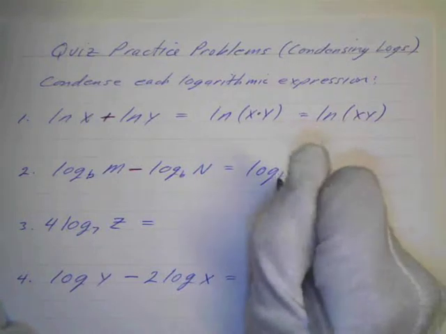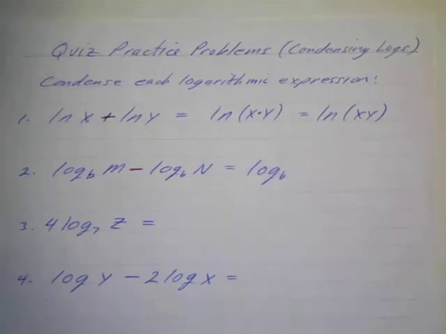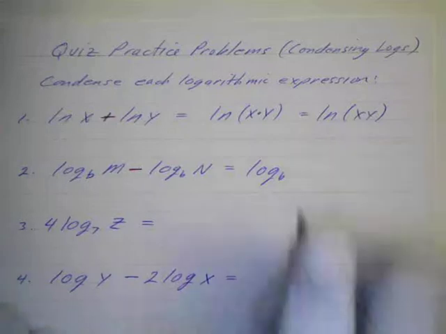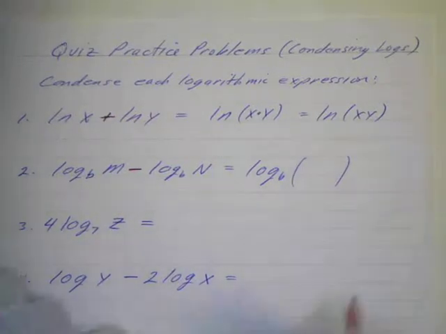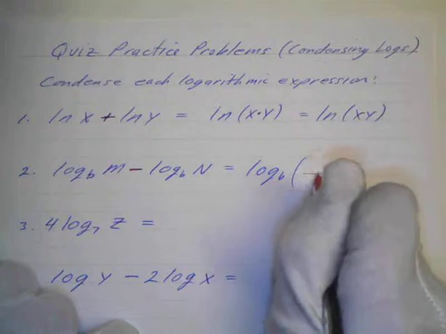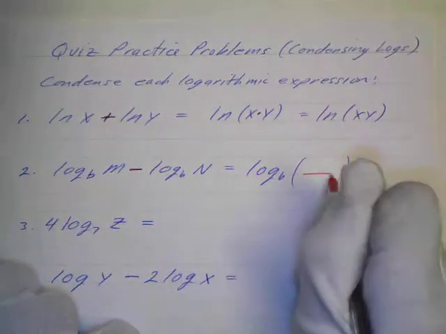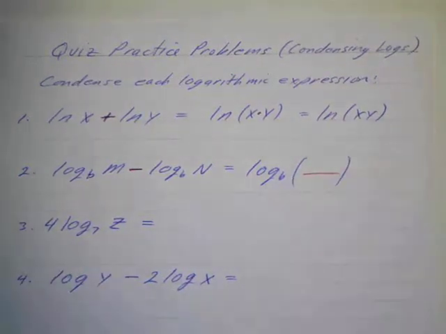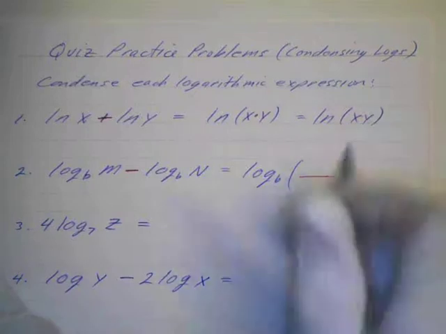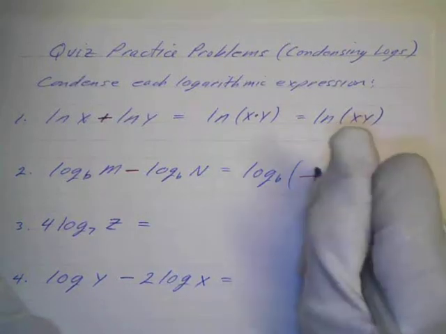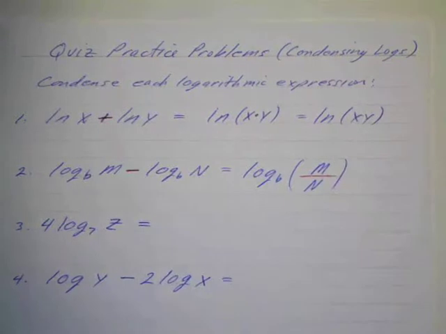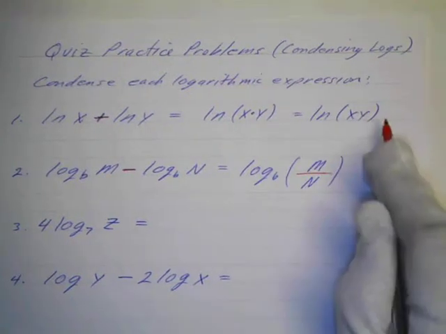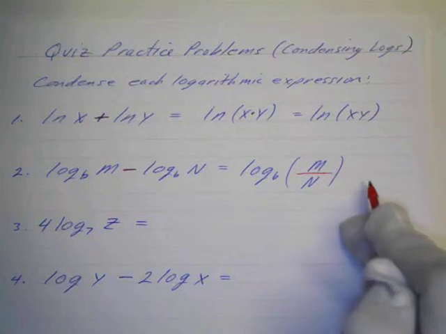Log to the base b of some quotient. And it'll probably be in parentheses, though a fraction bar is kind of a grouping sign, so sometimes we don't need that. Got the fraction. And what over what? Well, the log to the base b of m divided by n. So if you got this right, give yourself 1 point. You got this right, give yourself 1 point.